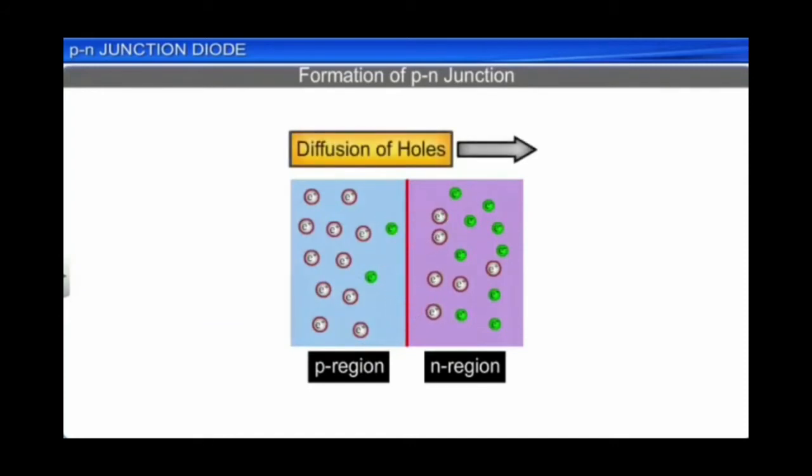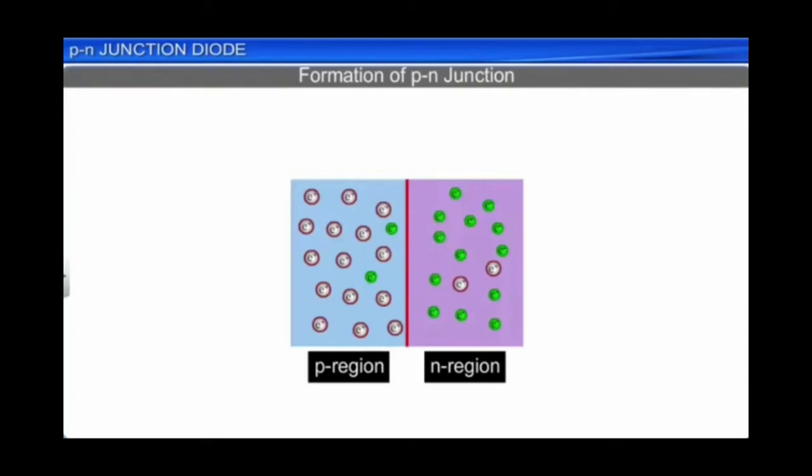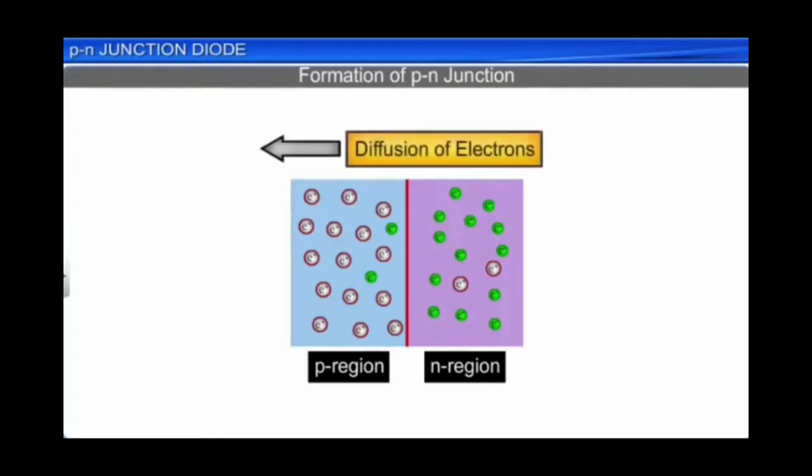Because of this difference in concentration, we say there exists a concentration gradient across the junction, and because of this concentration gradient, holes diffuse from P region to N region and the electrons diffuse from N region to P region. So diffusion of mobile charge carriers takes place because of this concentration gradient.